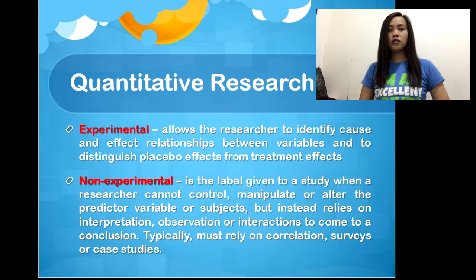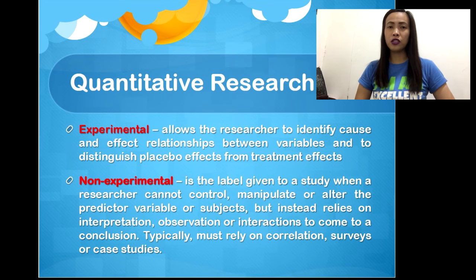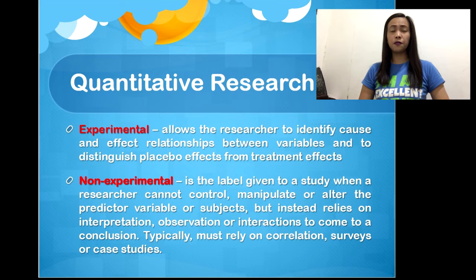However, there are times that we can make use of the survey, which is one of the types of non-experimental, as well as the correlational, comparative design, ex post facto research design, evaluative research, and the methodological. As we go along with this video, we will also be discussing further each of the types of non-experimental. Okay, this time we will be talking about the experimental research design, which is the true experimental.